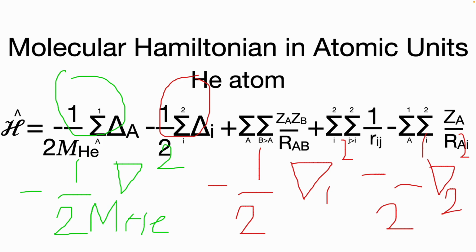After that, we have the electronic repulsion term, which in our case will be given as 1 by R12, since we have two electrons, and R12 is the vector connecting the two electrons.